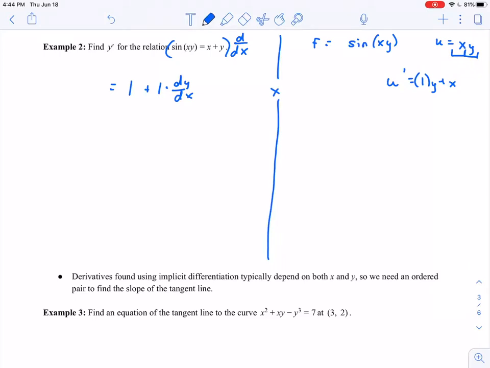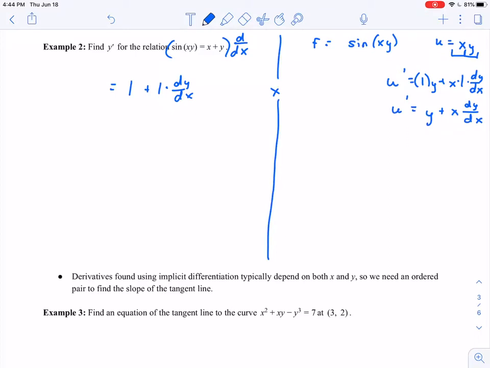Well, we said earlier that the derivative of y is 1 times dy dx, or simply just dy dx. So I'm going to say times 1 dy over dx. Then, of course, maybe we simplify this. We kind of just make it look a little bit nicer. This is really y plus x dy over dx. There's my u prime.